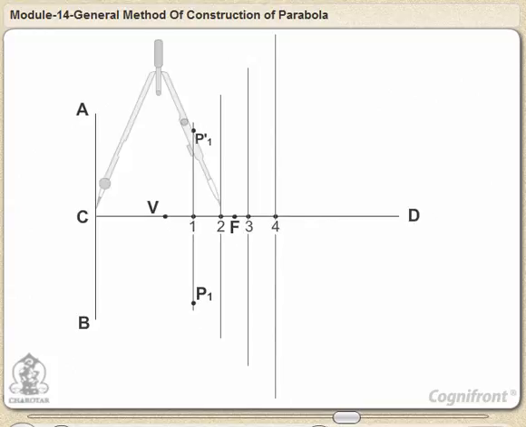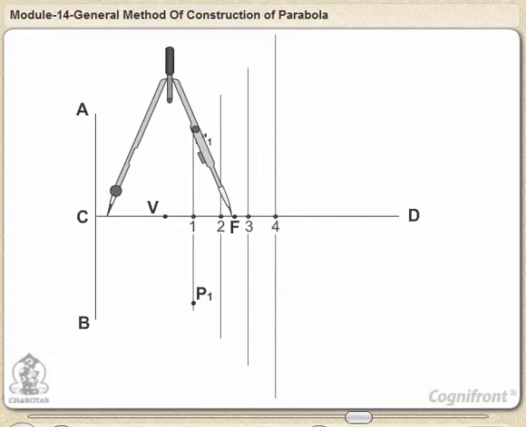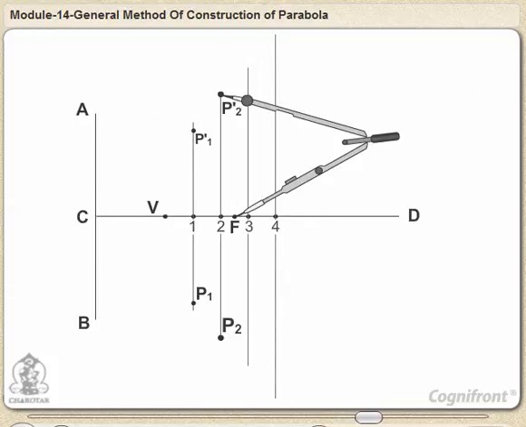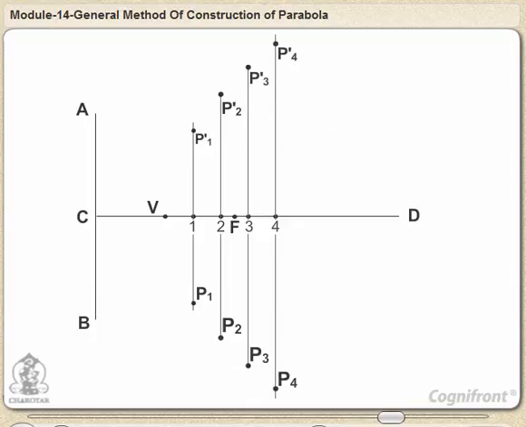Similarly, locate points P2 and P-2, P3 and P-3, etc. on both the sides of the axis. Draw a smooth curve through these points. This curve is the required parabola. It is an open curve.